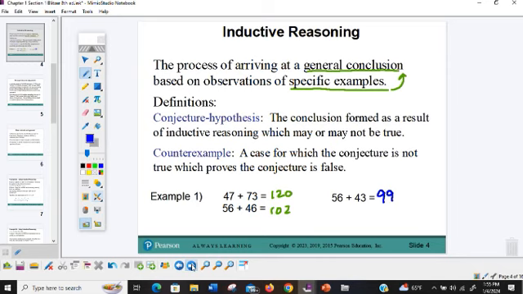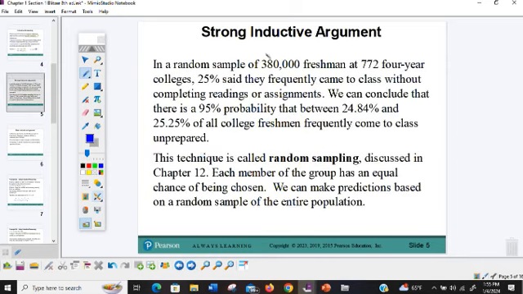Let's look at the next one. Now this one is a strong inductive argument. In a random sample of 380,000 freshmen at 772 four-year colleges, 25% said they frequently came to class without completing readings or assignments.